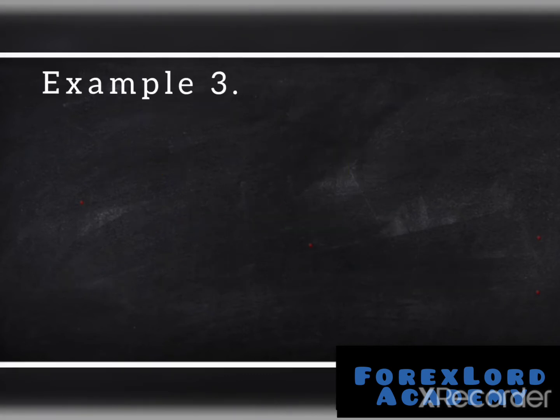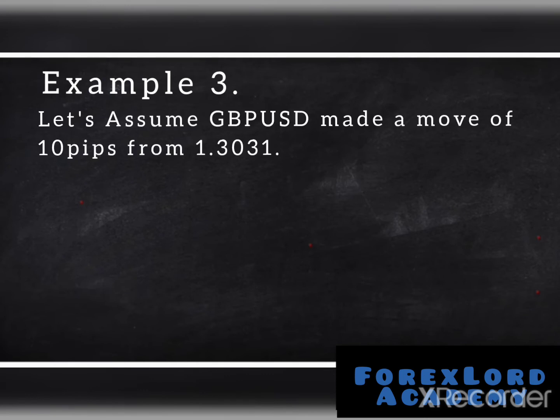Okay, I said let's go a bit higher, right? Now let's assume GBP/USD makes a move of 10 pips. We've been doing 1 and 2 pip moves; now we're doing a 10 pip move. Let's say GBP/USD has a value of 1.3031 and it makes a move of 10 pips.